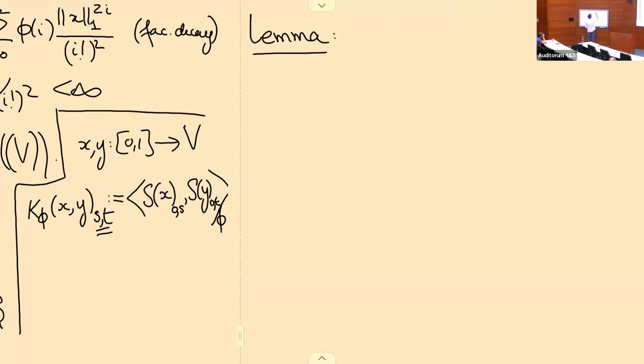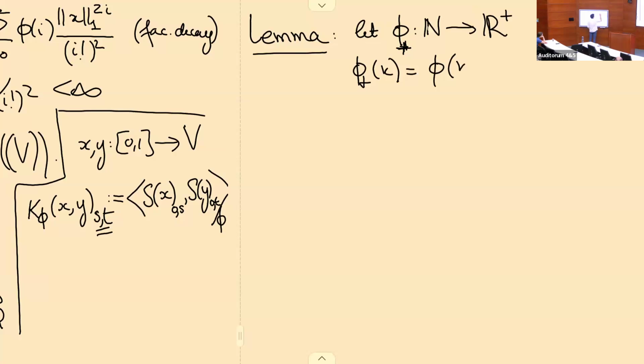Let me define this function: let phi plus be another weighting function from N to R plus, defined as phi plus of k equals phi evaluated at one step up, phi of k plus 1. Then the following holds.